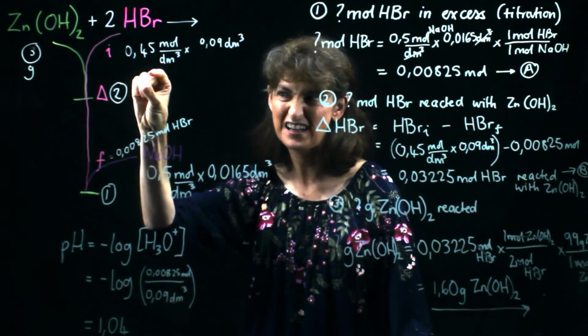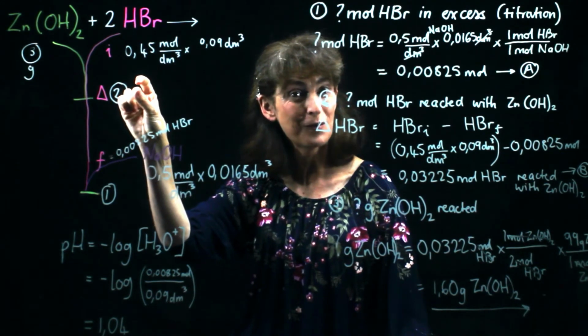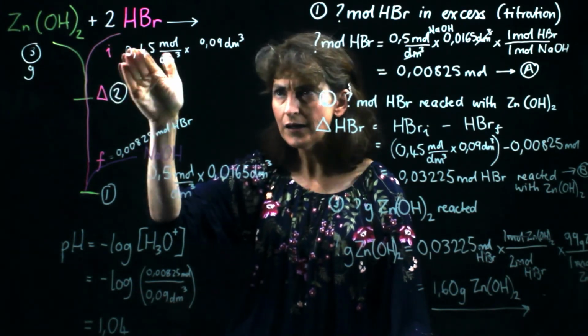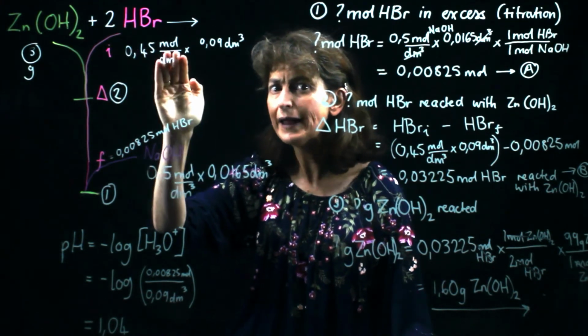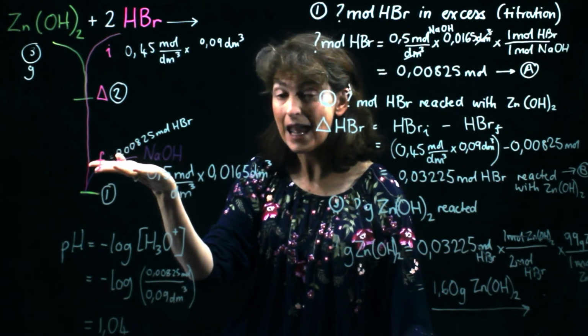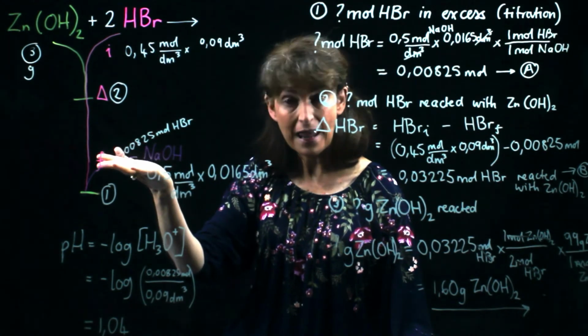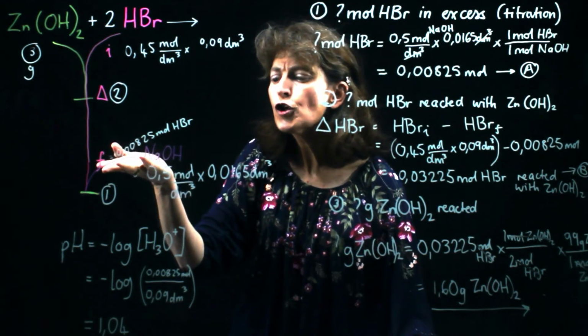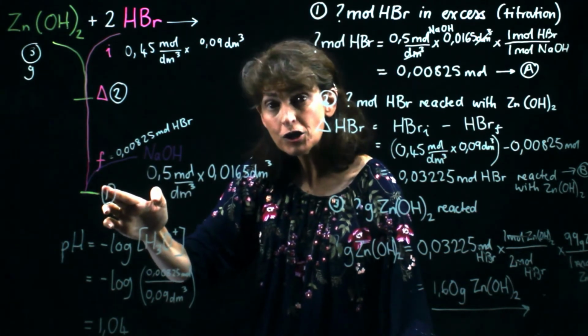And then we subtract. And we find out, therefore, how much of it reacted. Now, we're given the information we need about the beginning, but what about the stuff at the end? The excess amount. That we deduce from the titration.